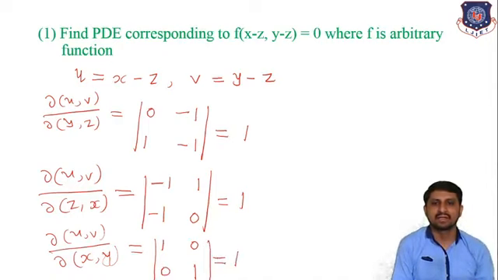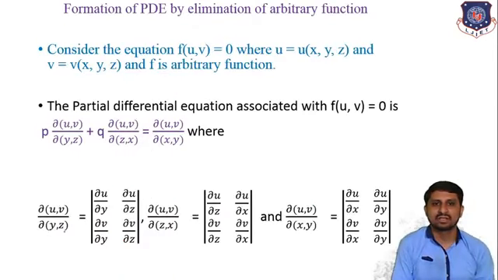So now you can understand, we find all these first order Jacobian determinants. We find all these three Jacobian determinants, and all their values are 1. So now our final answer is what?